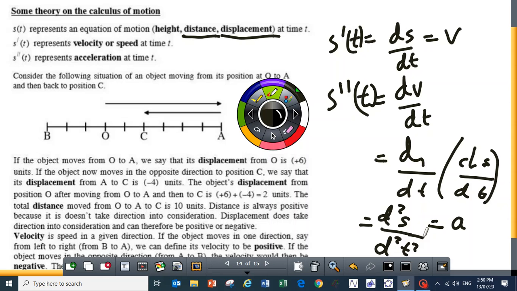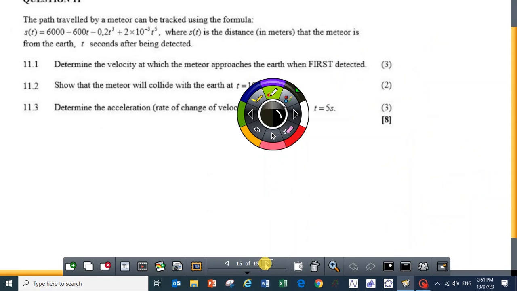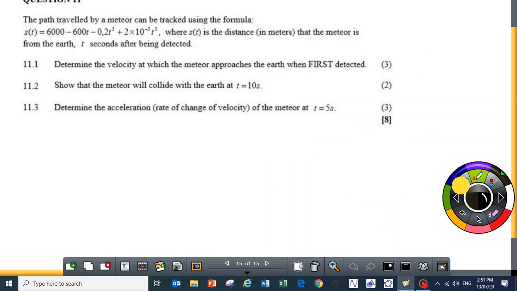Don't stress about this, but basically your second derivative is your acceleration. I have a question here.